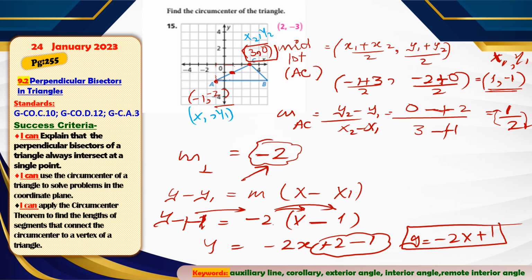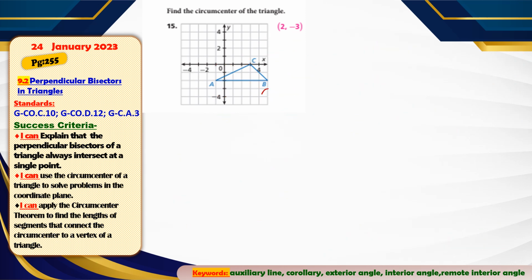So I choose the points A and B. The reason is that it's a horizontal line and I know the slope of a horizontal line. So let's try A and B. The coordinates of A are -1 and -2, and the coordinates of B are 5 and -2.